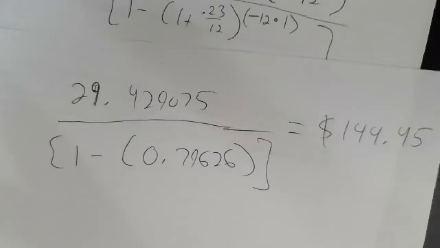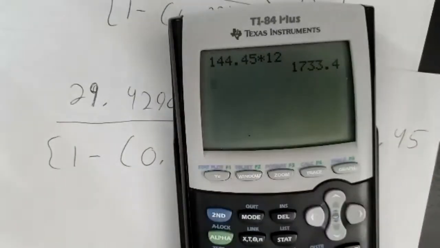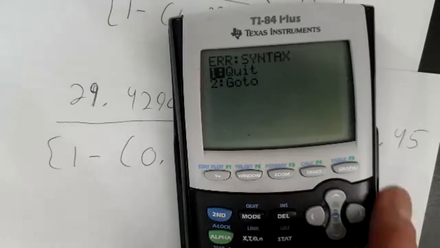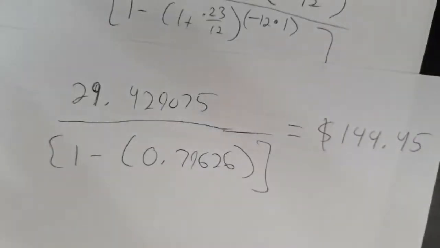And if you want to figure out how much you're paying in total, you're doing 144.45 12 times. You should be paying around 1,733. You could figure out how much you're paying in interest if you wanted to, right? I want to do that without a decimal. There we go.